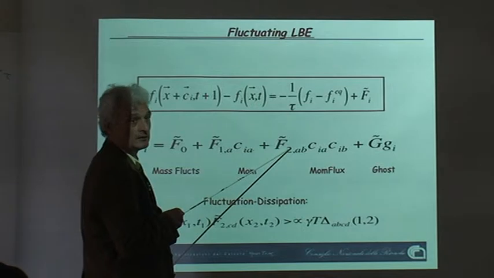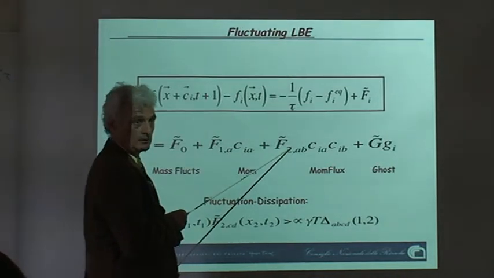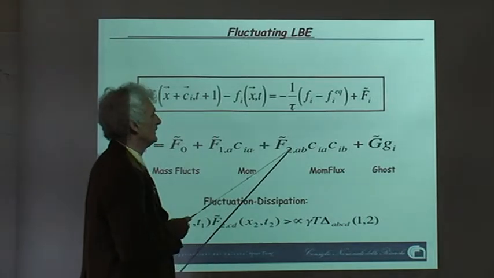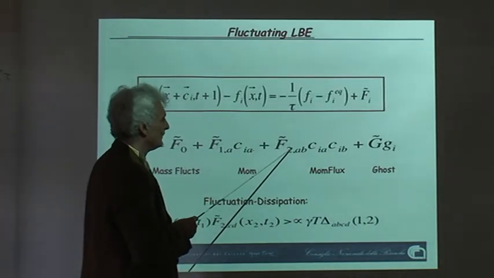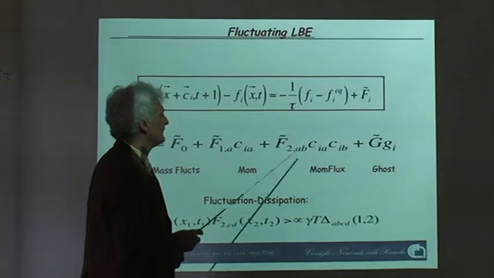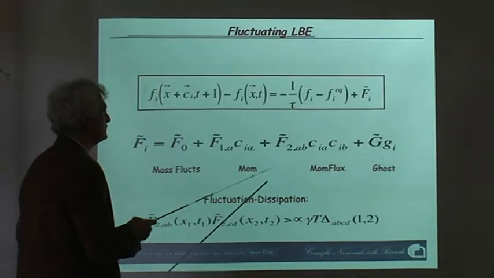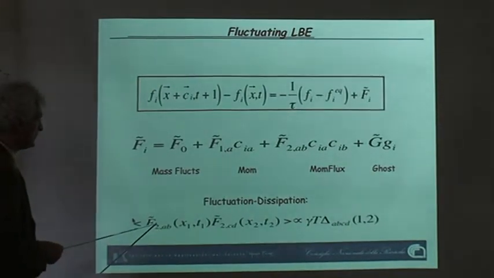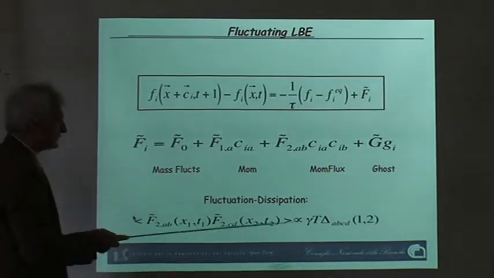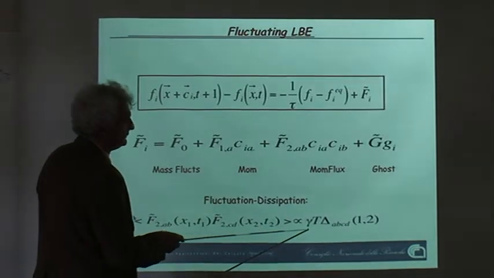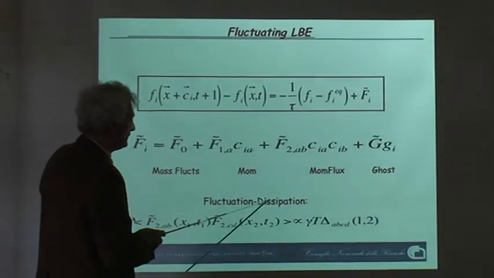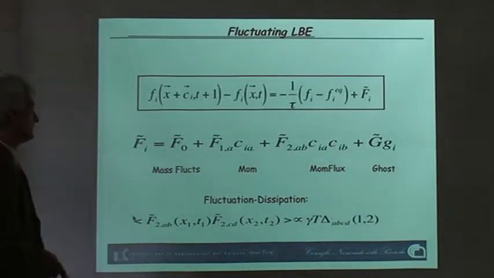This is Landau-Lifshitz fluctuating hydrodynamics. If you go into the book, you see that the way they treat the problem of fluctuation is by allowing the stress tensor to have a fluctuating component, and you have to make sure that this fluctuating component obeys the standard constraint of fluctuating hydrodynamics, namely the so-called fluctuation-dissipation theorem.